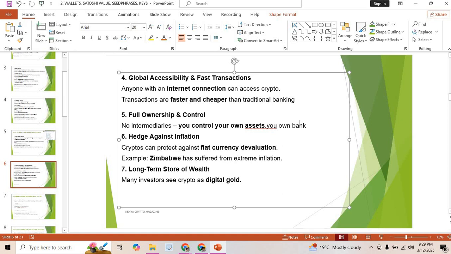We said cryptocurrencies are deflationary, while fiat currencies are inflationary. Joseph, let's go. Fixed supply.